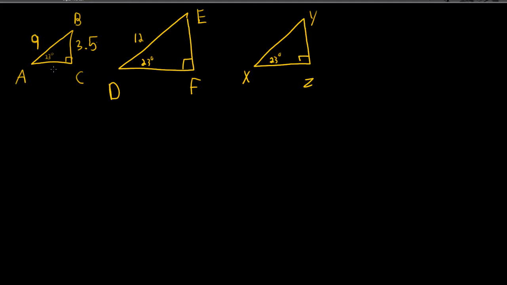And because they're similar, we can set up a proportion. That proportion would look something like this. EF, what side corresponds to EF? That would be BC.